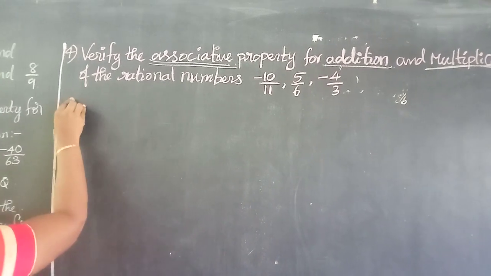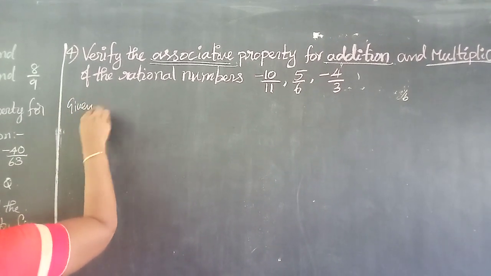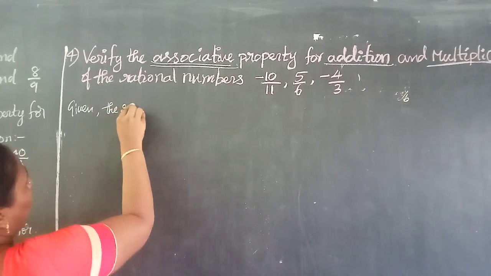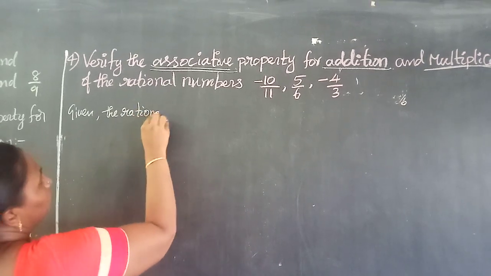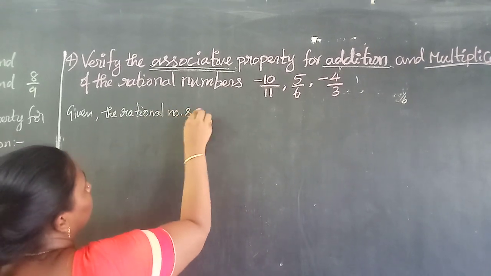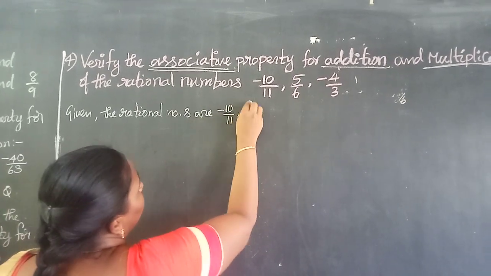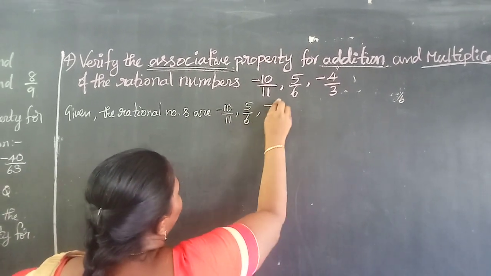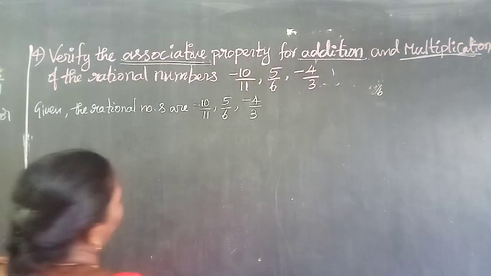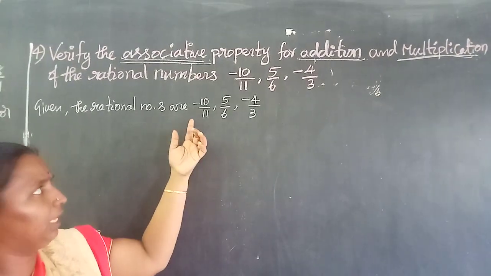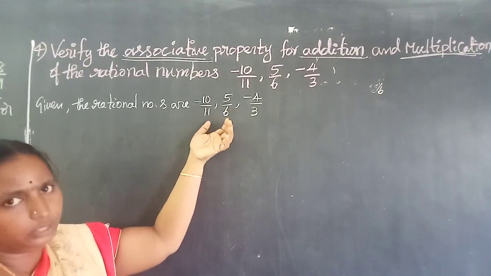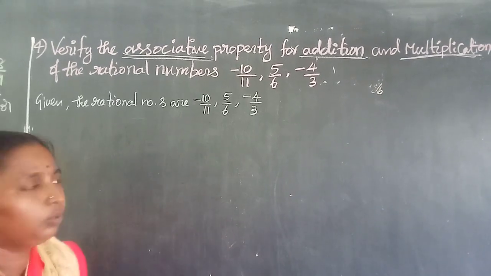So first write, given the rational numbers are minus 10 by 11, 5 by 6, minus 4 by 3. Now we are going to assume these as A, B, C. If you assume like that, it will be easy to do the sum.